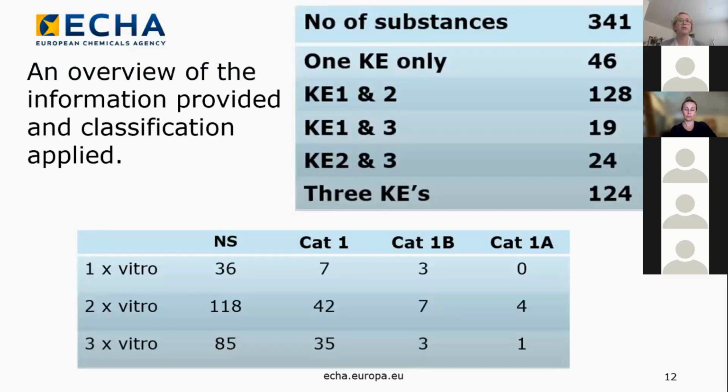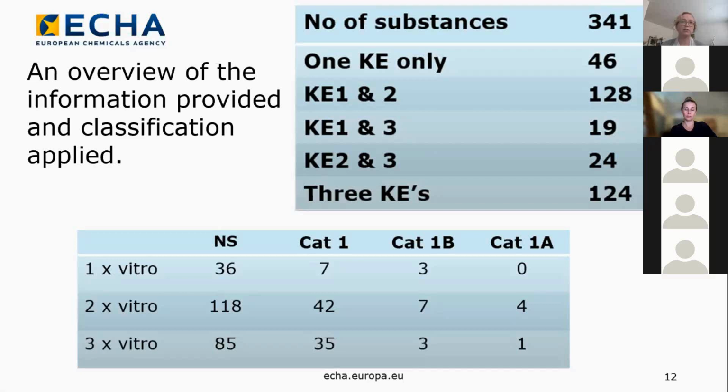Here is an overview of what type of approaches companies provided to us when submitting in vitro and in chemico data only. So here you can see in the table above that we have quite some substances where only 1 or 2 key events were covered, even though the standard is 3 key events.